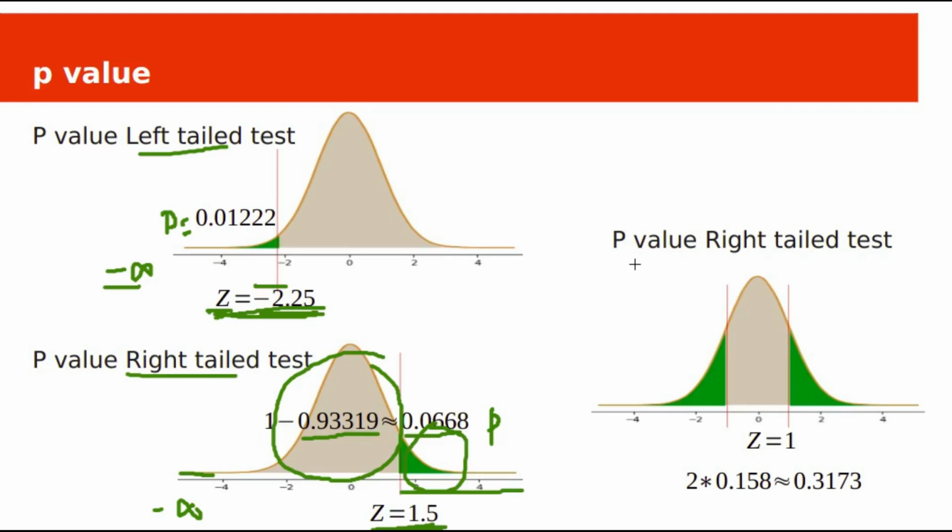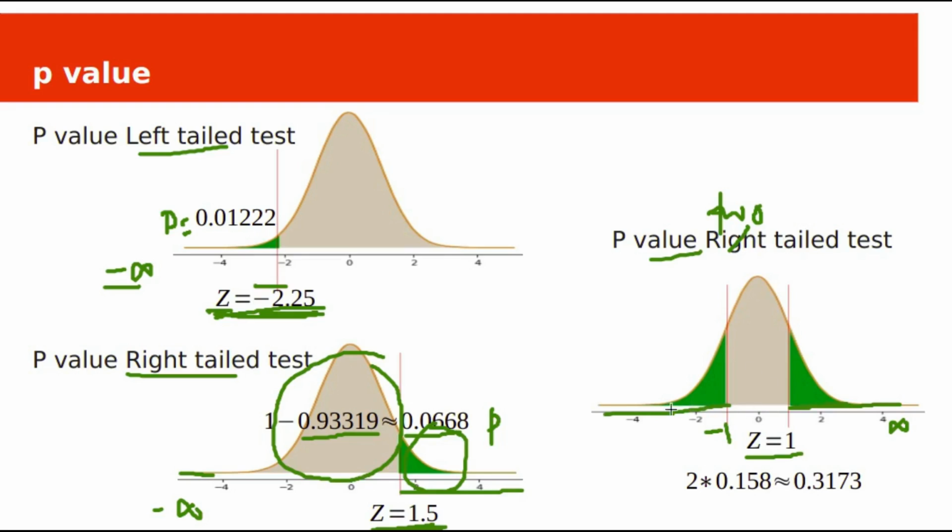Let's see how to calculate p-value in the two-tail test. If a Z value is 1, then you need to calculate probability from this Z value to the extreme, here plus infinity. Instead of just calculating this, from minus 1 also the same probability will be there because the standard normal distribution is symmetric.